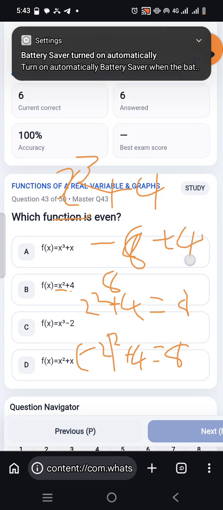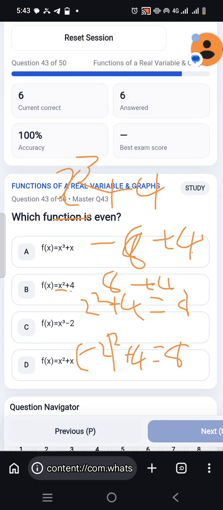If you add 4 to this one and add 4 to that one, they are both increasing, but this one goes from minus 8 to minus 4, and this one will be 8 plus 4, which gives me 12. So there are different numbers now. Once you add a constant to an odd function, it becomes neither even nor odd. Do you get it? So take note of that.